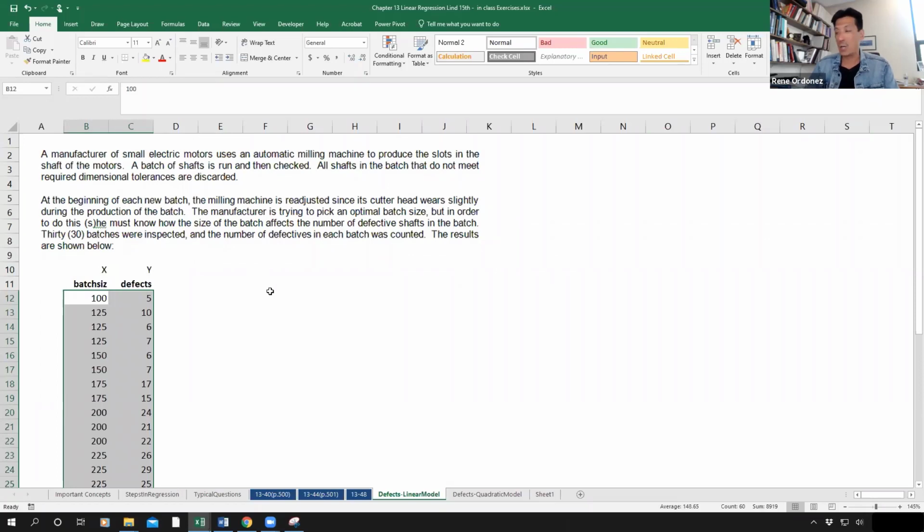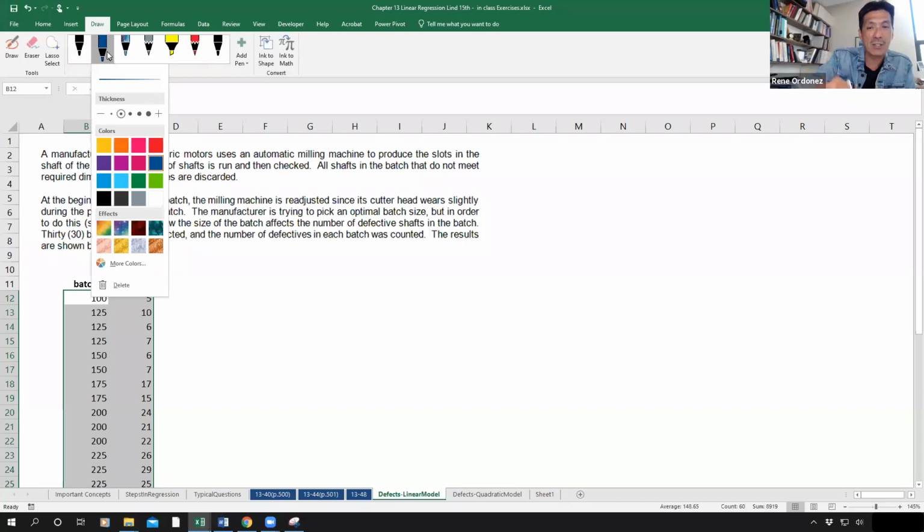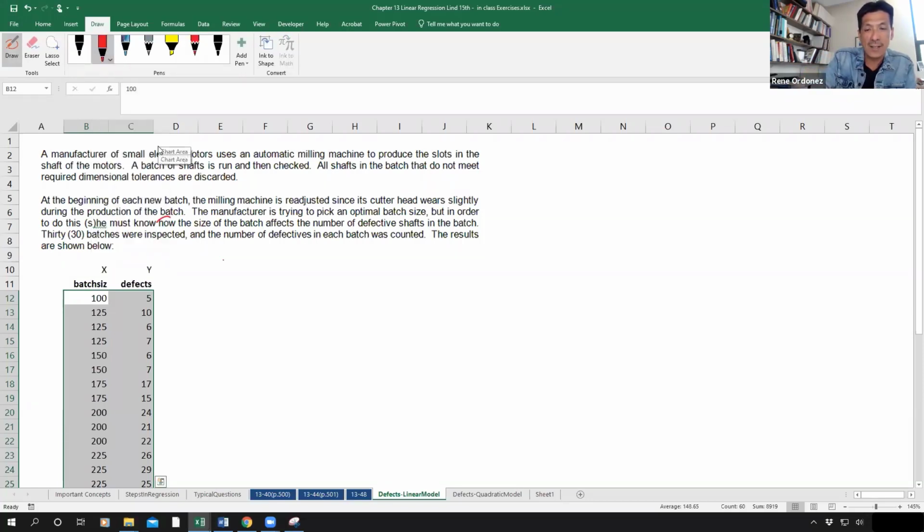We want to know, or at least this manufacturer wants to know, not if, but how. They know that there's a cause and effect here. The larger the batch size, the cutter head obviously will wear out, right? As the batch size gets larger. But understanding how the size of the batch affects the number of defective shafts in the batch is important, especially when you're running a particular batch.